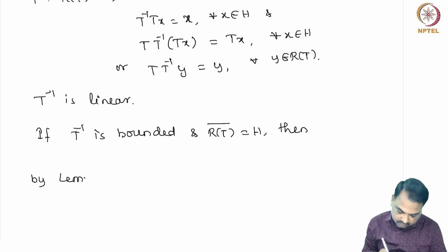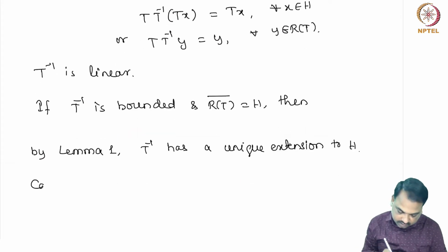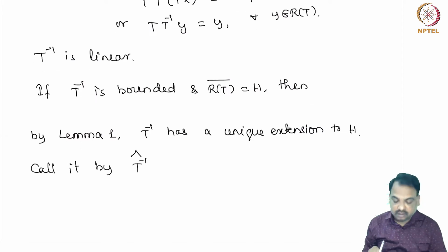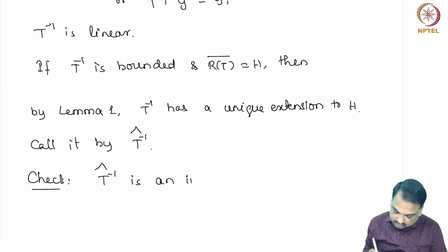So by Lemma 1, T inverse has a unique extension to all of H. Call this T inverse hat. Now we can easily check that this T inverse hat is an inverse of T.